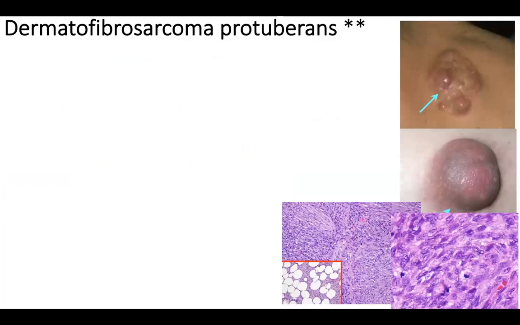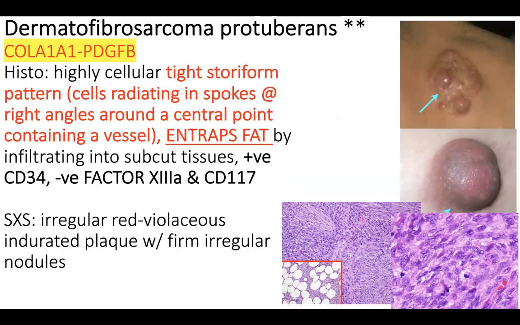Associated with dermatofibroma is dermatofibrosarcoma protuberans. So it's a COL1A1 PDGFB mutation. I would make sure that I knew that mutation for this disease. It has a tight storiform pattern, so we can see how tight it's located right here compared to some of our histology slides. They have these cells that radiate in spokes.